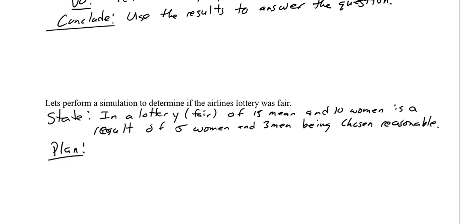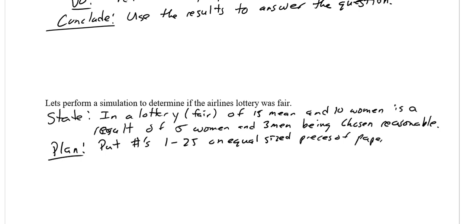We'll put the numbers 1 through 25 on equal-sized pieces of paper. One through 15 are the men, and 16 through 25 are the women.